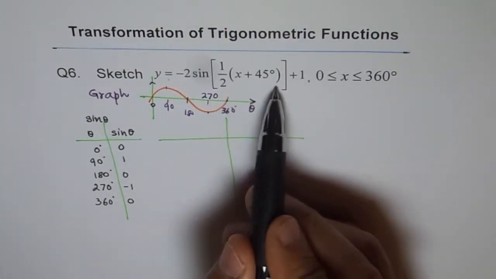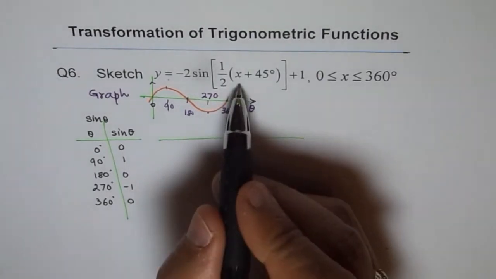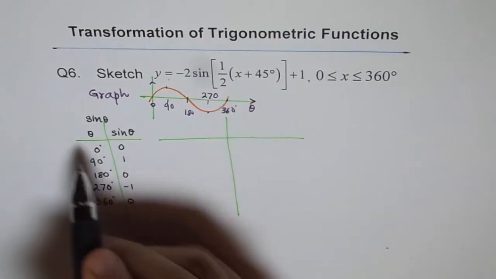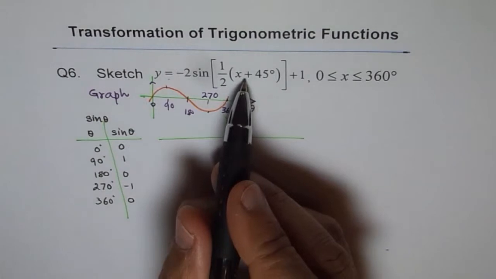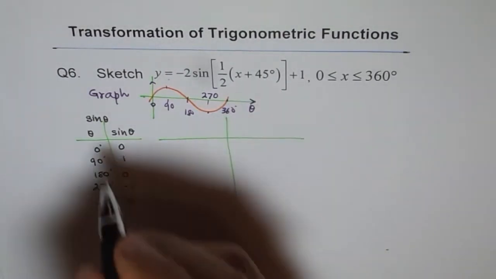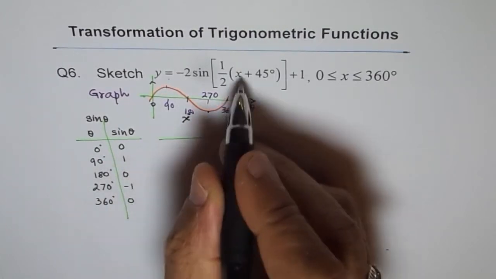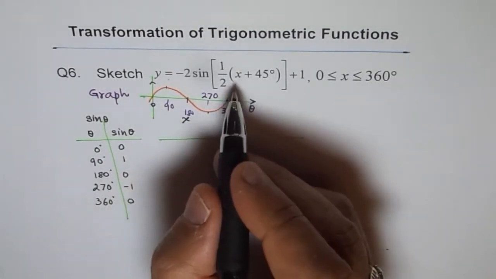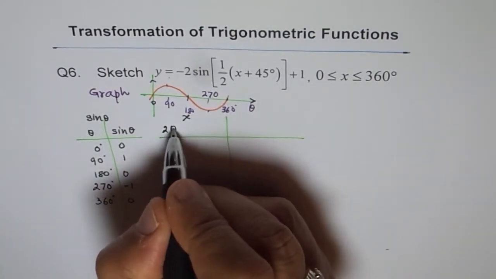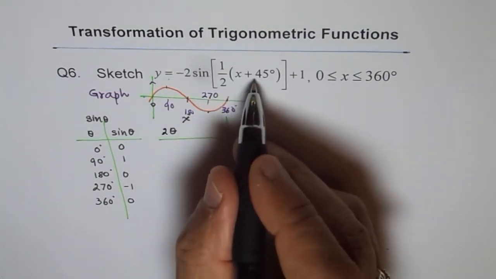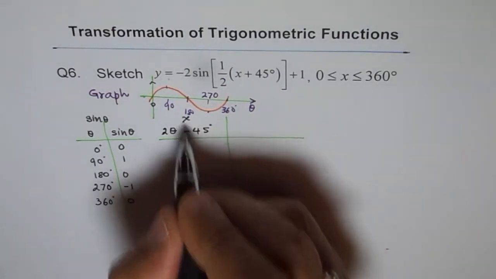Inside is always for the x-axis. So your x values, the original theta values, get multiplied by 2 and this is plus 45, so deduct 45. The x values on your function will become 2 times the theta values minus 45, because everything you do here is the reverse inside. If it is plus 45, just do minus 45 degrees. Don't think.